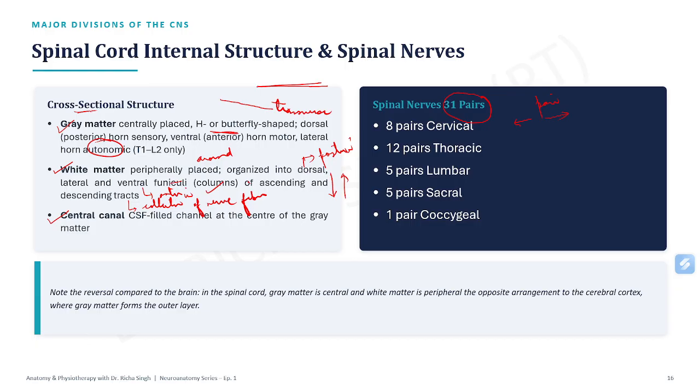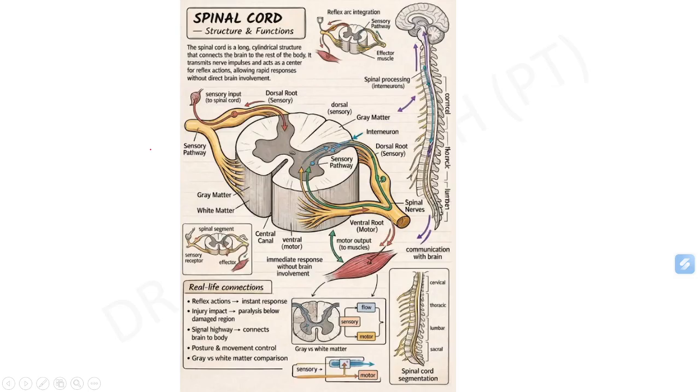Lastly, when you divide the spinal cord in cross section, it contains the central canal, which is a cavity filled with cerebrospinal fluid at the center of the gray matter. That is called a central canal.